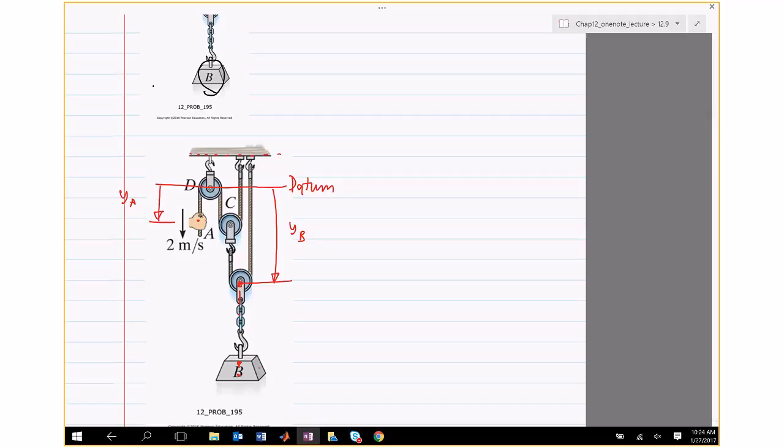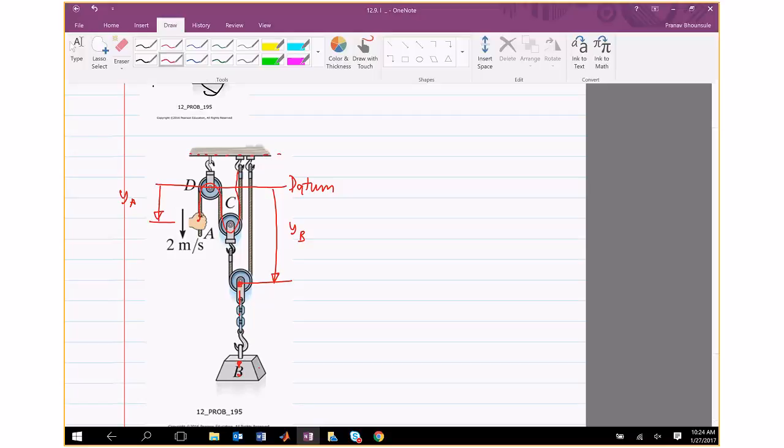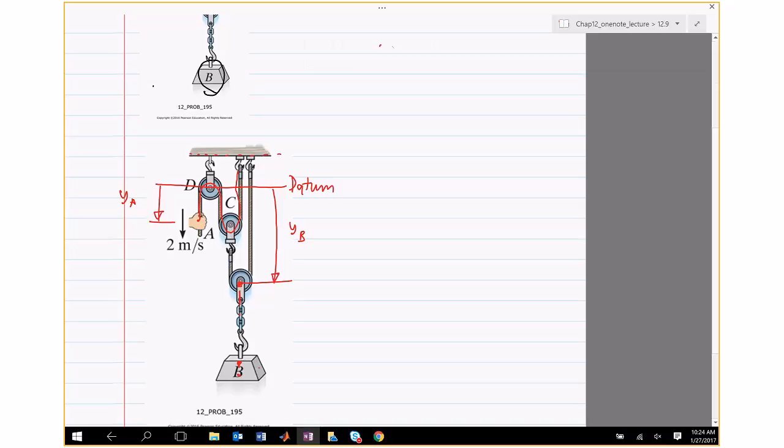Now, one more thing to note is that unlike the previous problem, there are two cables. There's one cable like this, and then the other one goes this way.